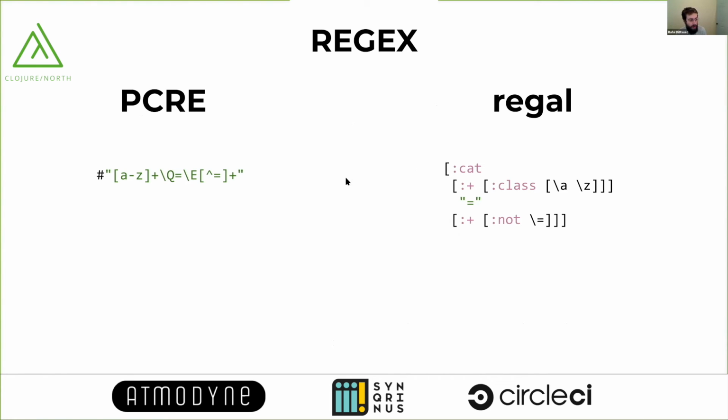But there's a Clojure library called Regal, which is a data-driven regex syntax, where that looks like what's on the right. These two things are equivalent, but basically you use data structures consisting of keywords, vectors, characters, and strings to represent what you want. And we'll talk about why that is better, but this is an example of how those two things are different.